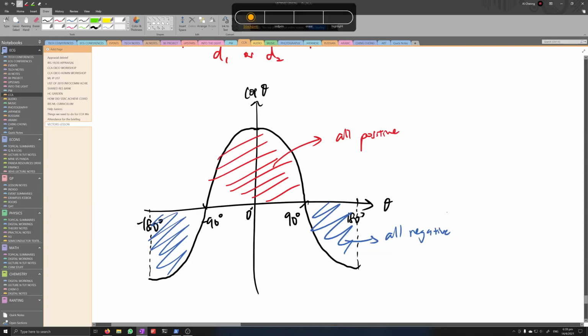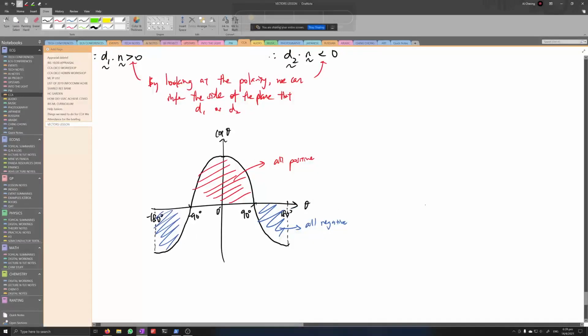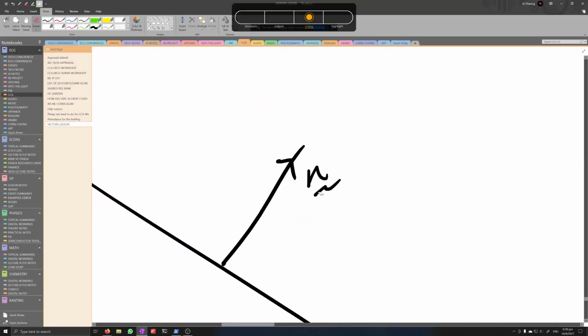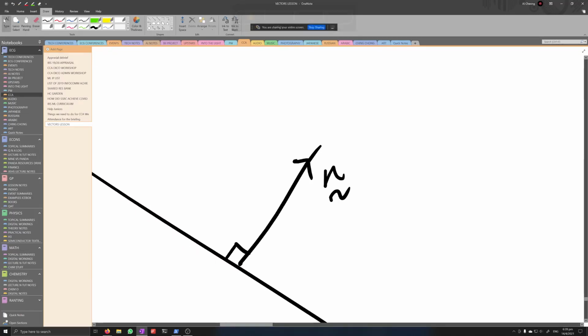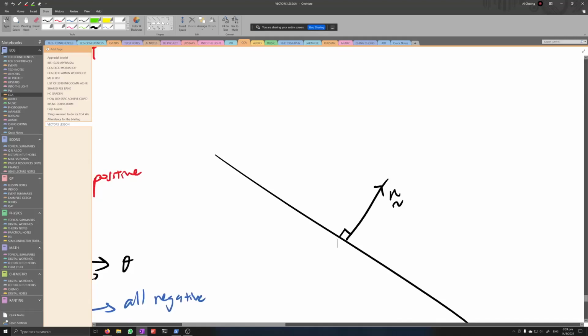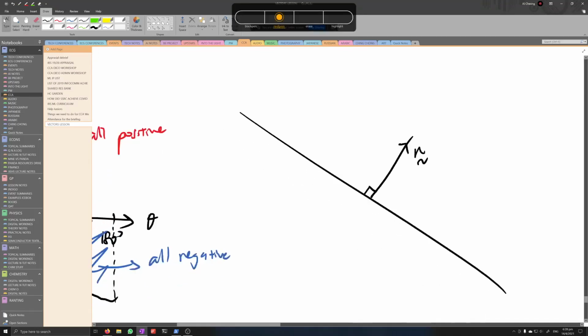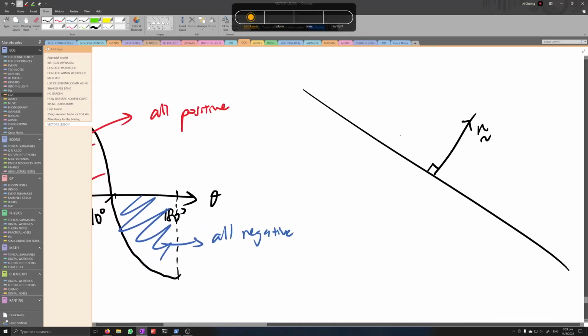The way we can visualize this is if we have our plane here, assuming that the plane extends infinitely outwards and infinitely inwards, then we have our orthogonal vector n. Then we have our 90 degree sign here.